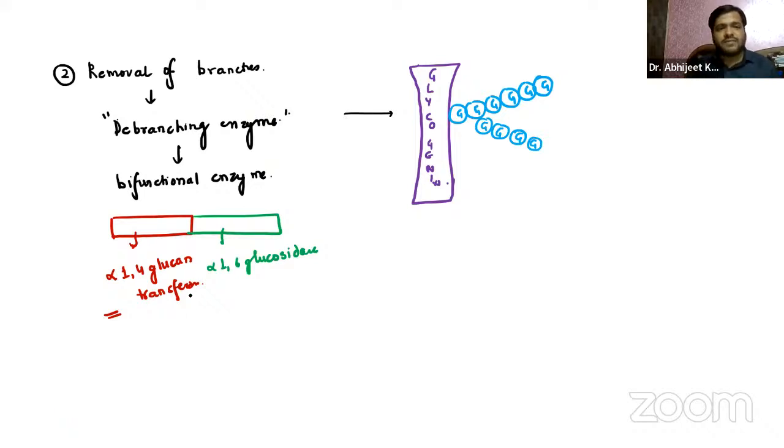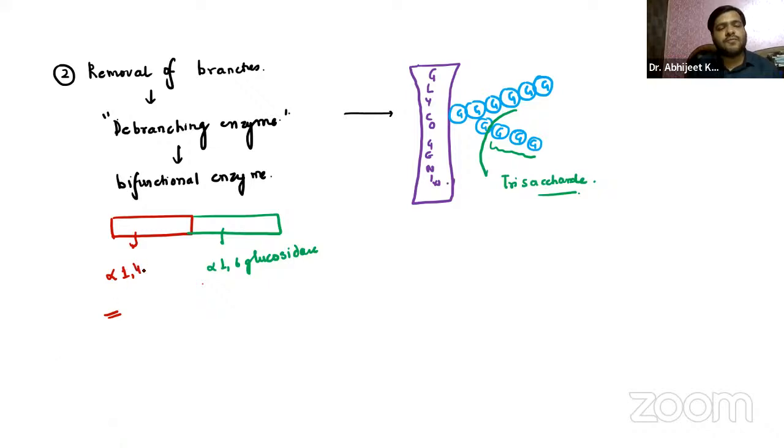Now glucan transferase will cut a trisaccharide. These are three glucose units. This is nothing but a trisaccharide. Three sugar units are there. So this is basically cut by an enzyme that is alpha 1,4 glucan transferase. Write down the complete name. Let me just write it.